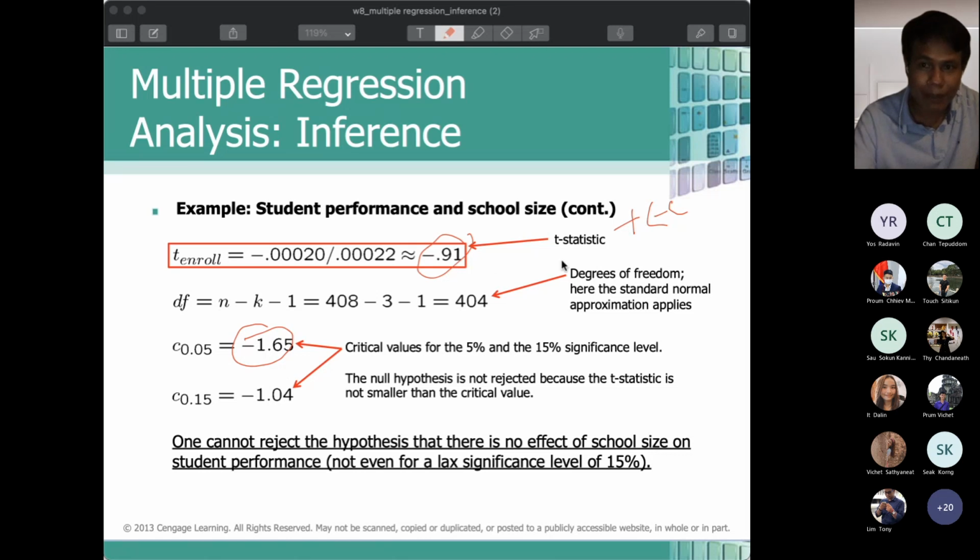You remember I showed you earlier how to read the t distribution table, and by reading that you obtain the critical value. Again, t value and t statistic, when I say it, it is the same. We compute it by coefficient divided by standard error. For the critical value, you need to know the degree of freedom and the significance level that you choose, and then look at the table to determine it.